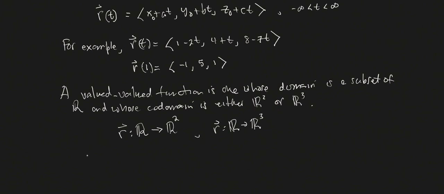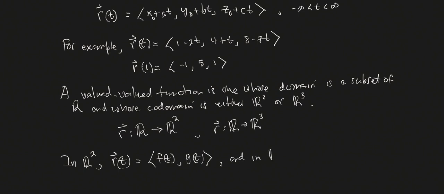So in R2, and just to emphasize that these are going to be functions of t, our vector valued functions will look like this. We'll have some function in our x component and then some function in our y component.